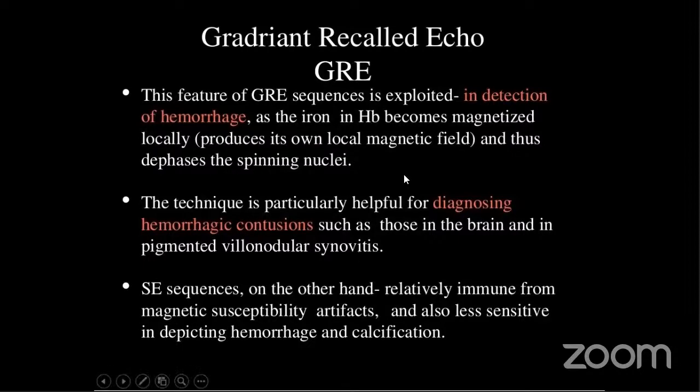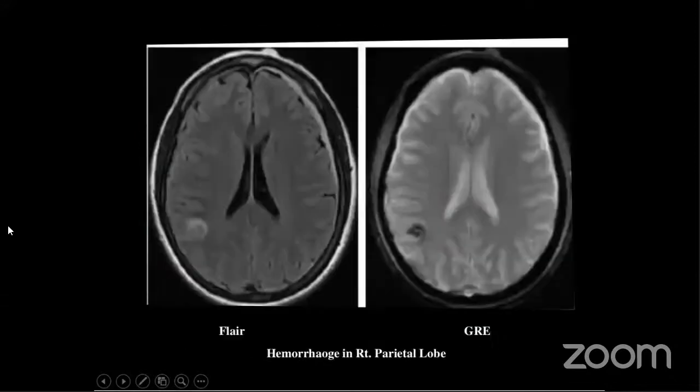Okay, the iron in the hemoglobin becomes magnetized locally, produces its own magnetic field and thus dephases the spinning nuclei. Understand this. The technique is particularly helpful for diagnosing hemorrhagic contusions such as those in the brain. Susceptibility weighted image sequences, on the other hand, are relatively immune from magnetic susceptibility artifact and also less sensitive in depicting hemorrhage and calcification.